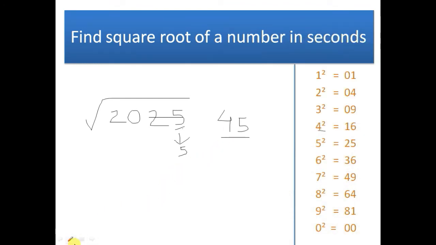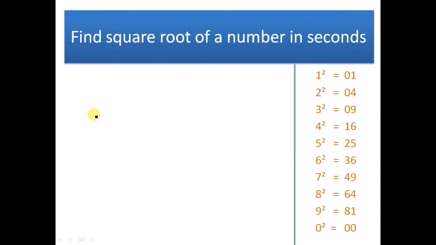Let us take another example. Let us find the square root of 4761. Ending with 1, that makes 1 or 9 the last digit.